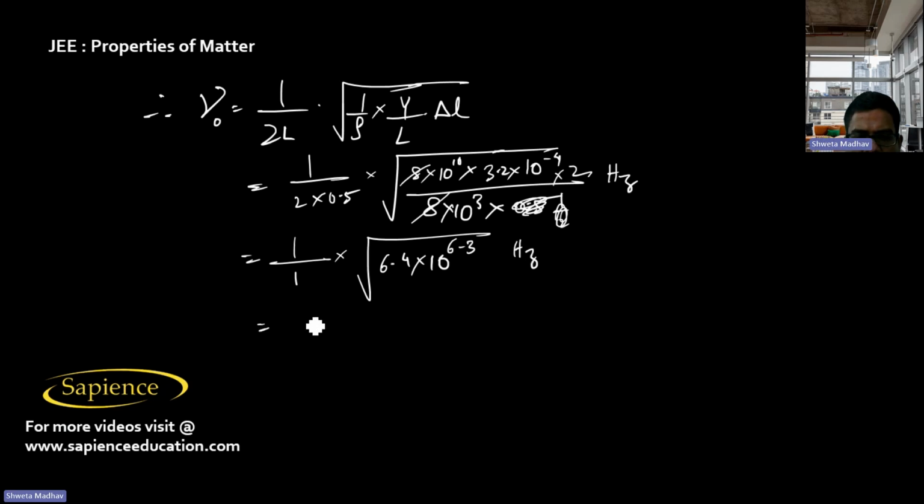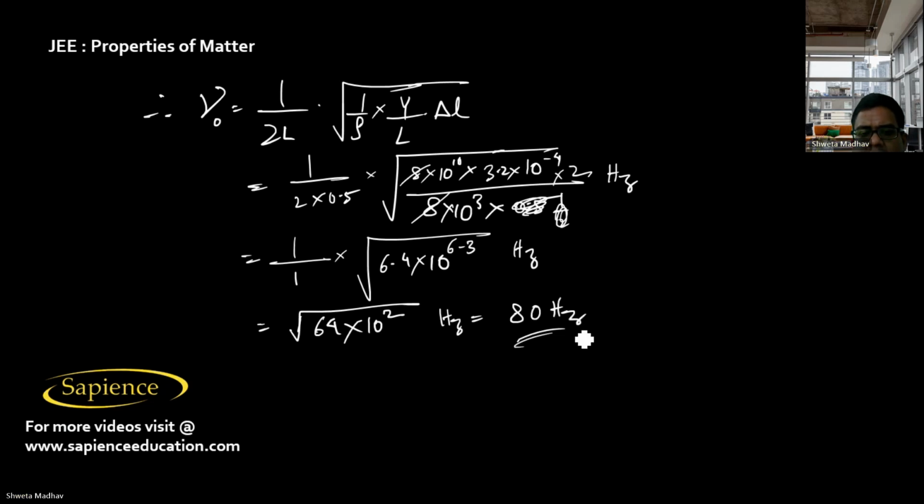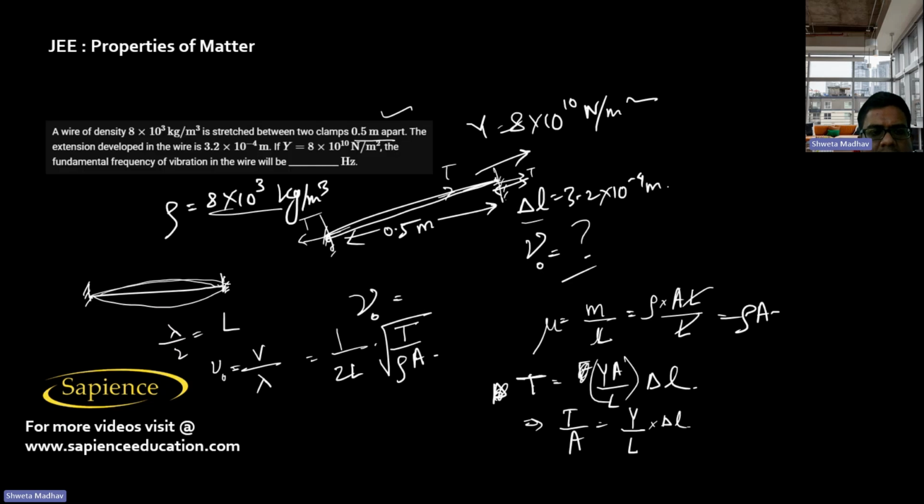So this will be root over 64 by 10 power 3, so 10 power 2. So the root of 64 is 8, and this will be 80 Hz. 80 Hz is the fundamental frequency of vibration of the wire.